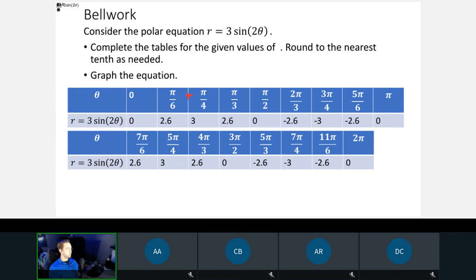All right. Something to remember. So you have the angle. These aren't negative, so you're just going around the circle, right? But remember, this is radius. So if we rotate to 2 pi over 3 and the radius is negative 2.6, what do you have to do?